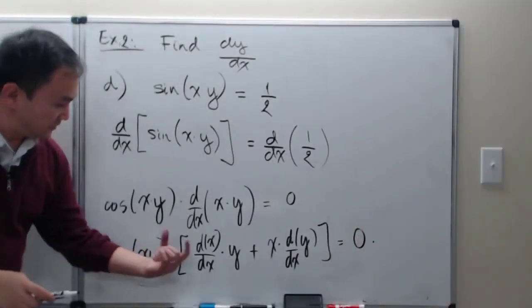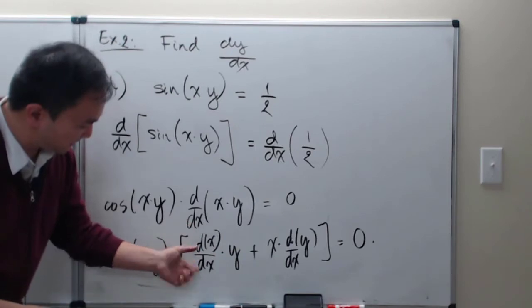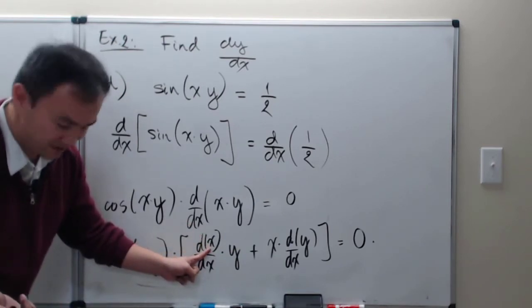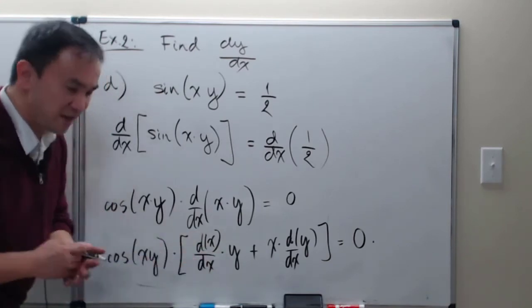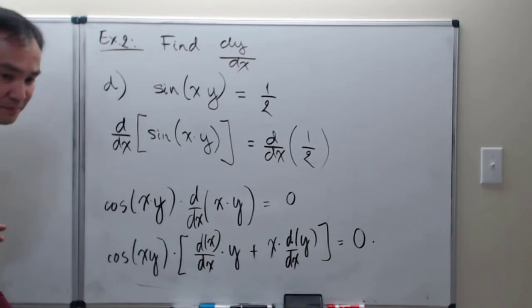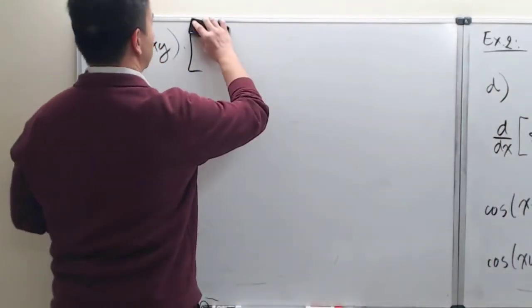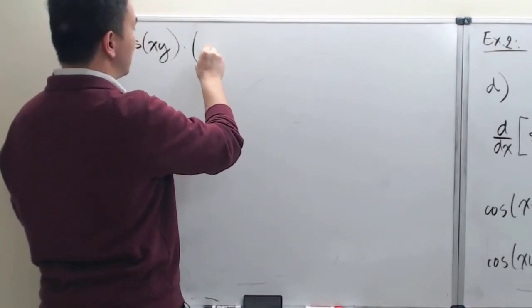This term here, that's the derivative of x, which is already explicitly defined as a function of x. So the derivative of x is just 1. So 1 times y in my next step. I don't need brackets here anymore, I just need 1 times y is y.